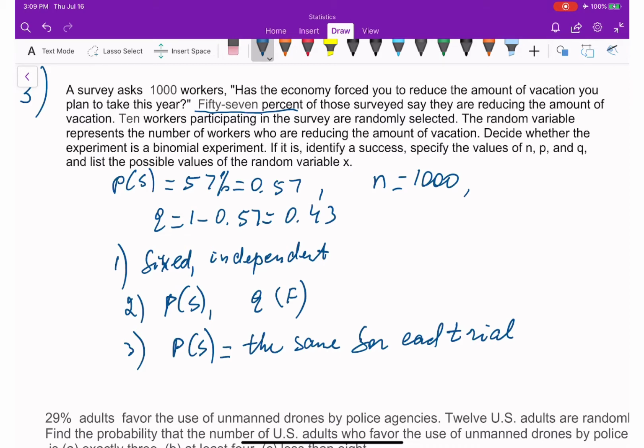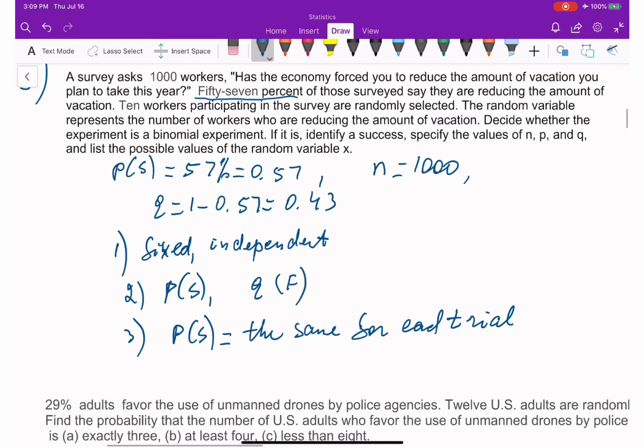Okay, what else? And the fourth one, number of successful trials, 57%. It's the number of successful trials, right? If 57% are successful trials, and we have n, then the successful trials can be anywhere between 1,000 and 0. So we need to find 57% of it.